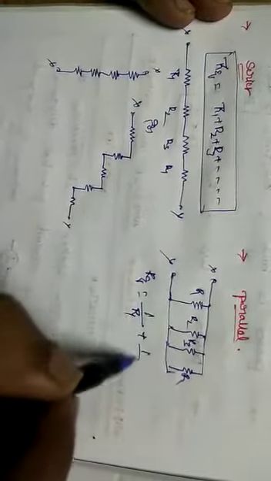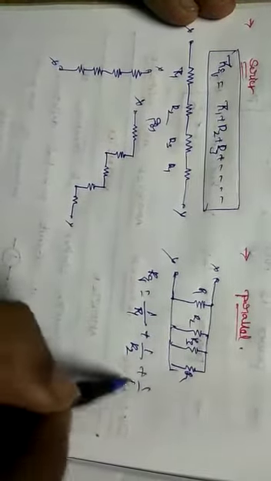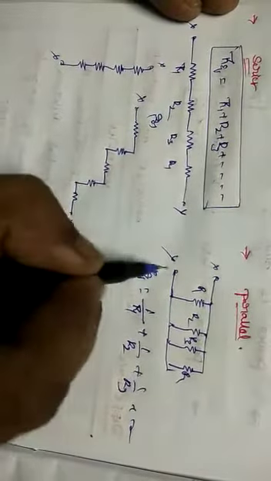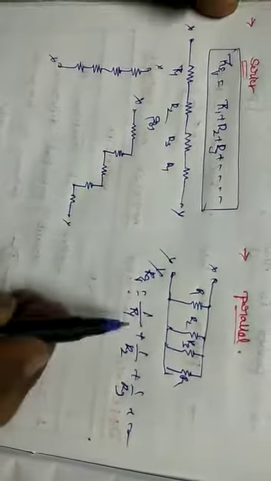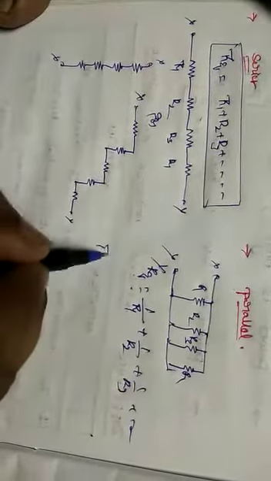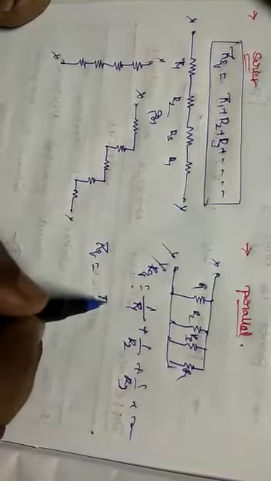So 1 by R1 plus 1 by R2 plus 1 by R3 plus so on. The final formula is 1 by R equivalent is equal to 1 by R1 plus 1 by R2 plus 1 by R3. Then for two resistors, R equivalent is equal to R1 R2 by R1 plus R2.